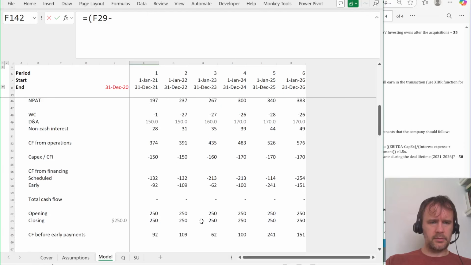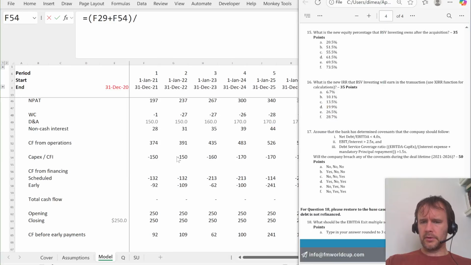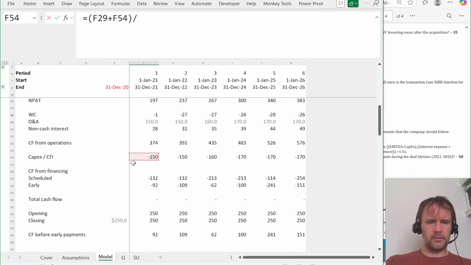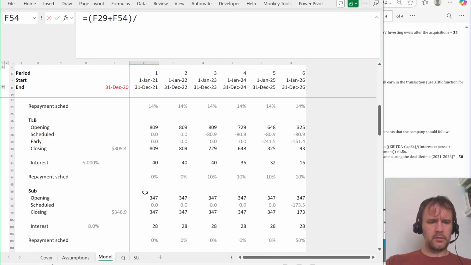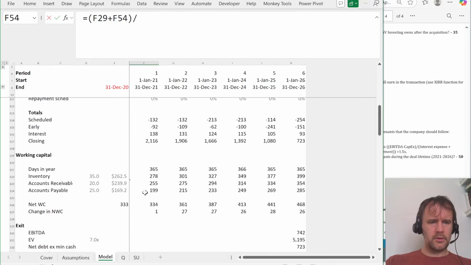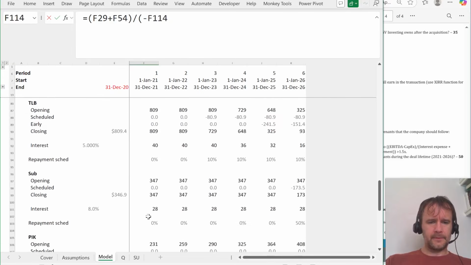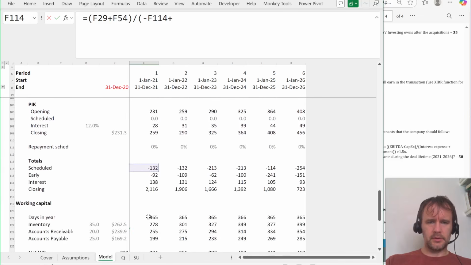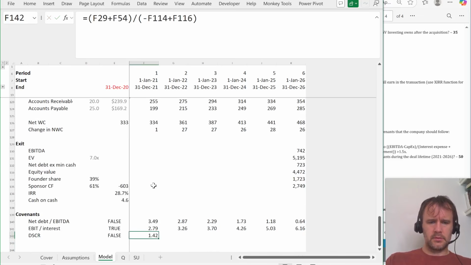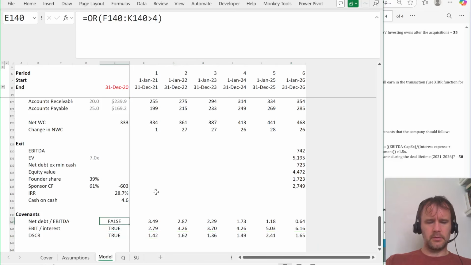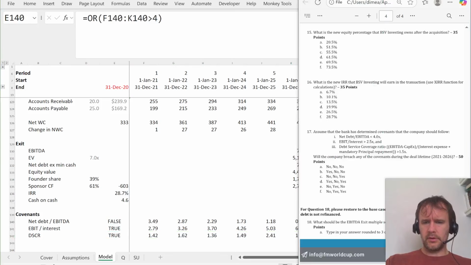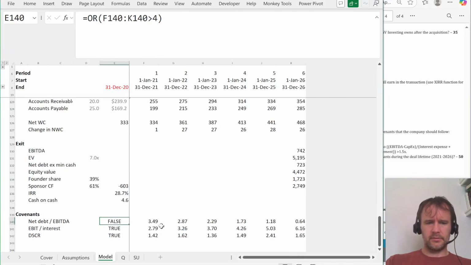Actually, I have a positive symbol on the capex, so plus capex over, tell me again, interest expense plus mandatory principal repayment. Okay, so my scheduled payment here, and my interest expense is also there, so plus that. Okay, so we got no, yes, yes, which is F.